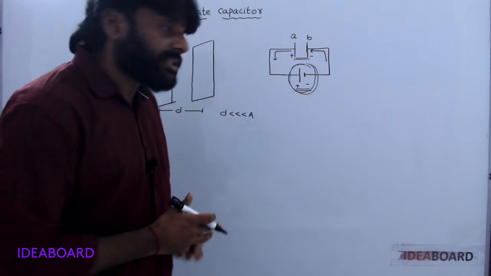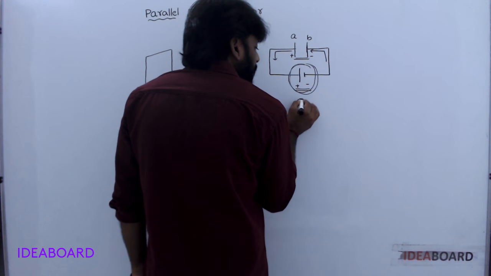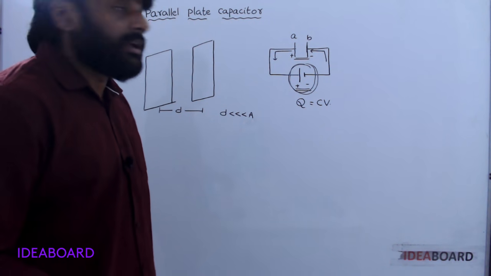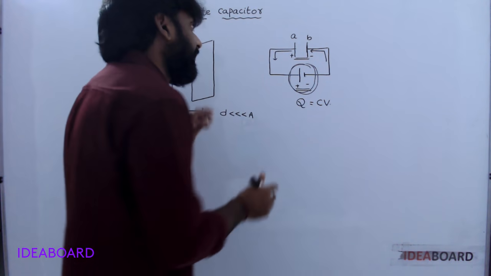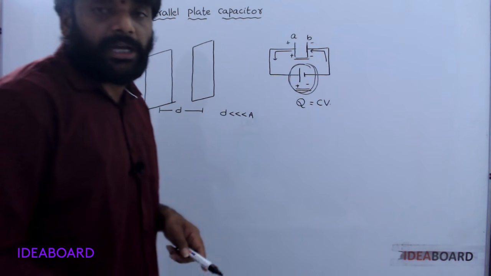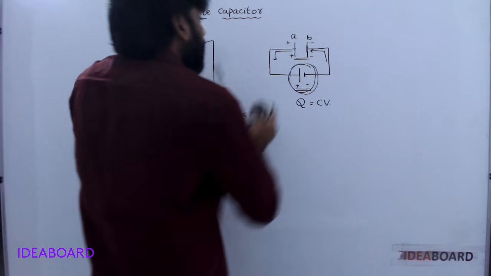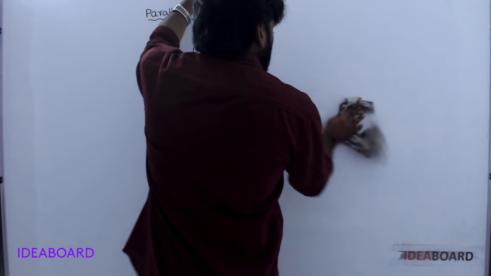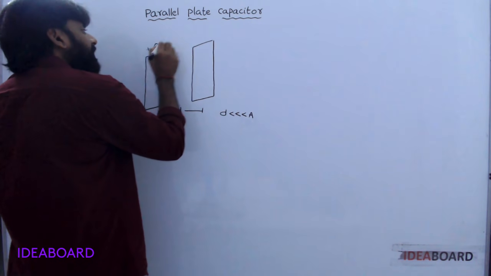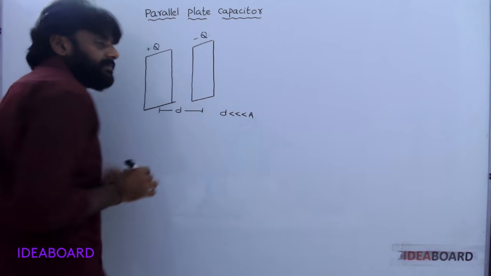After it is fully charged, Q is equal to CV. One plate attains the positive charge, the other attains the negative charge.